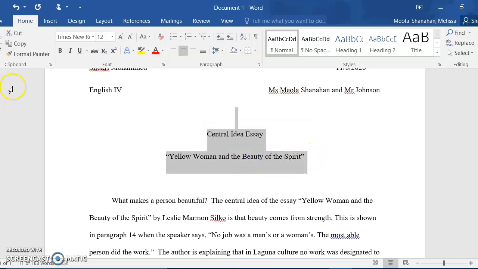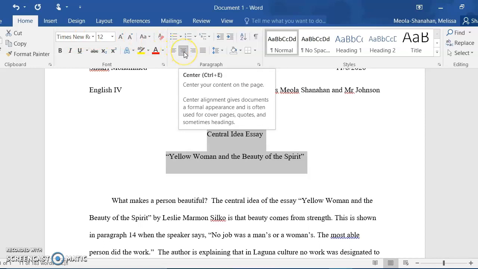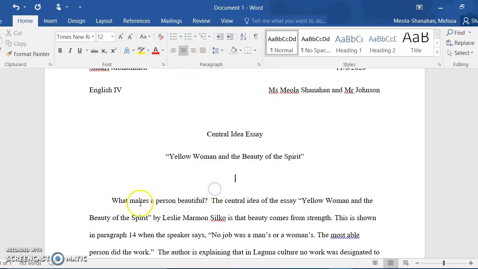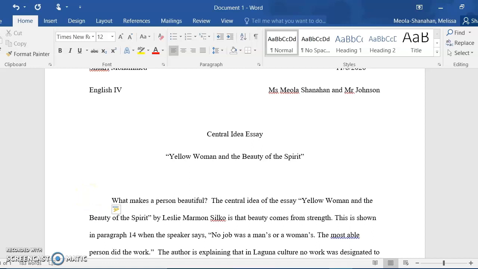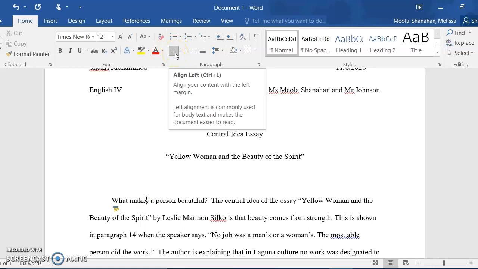If you highlight it, you can use this center to put it in the middle. Then you want to start your paragraph by using the Tab key on the left-hand side of your keyboard. And you want to make sure that this paragraph is written with the left align.